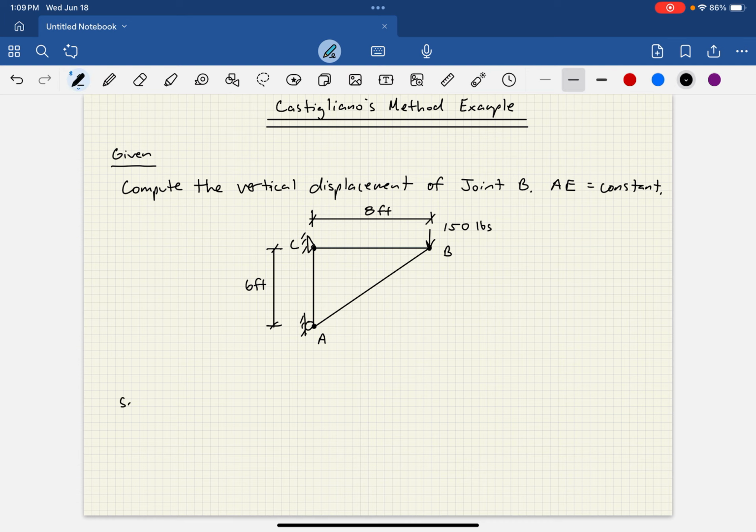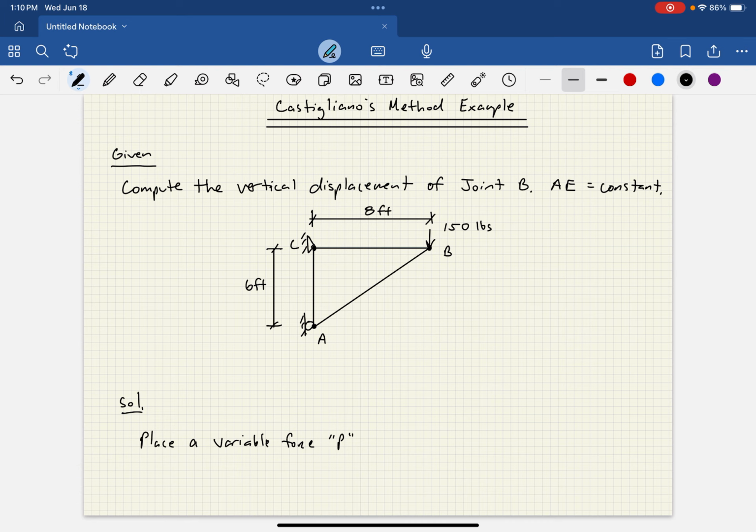Under the solution, we're going to consolidate steps 1 and 2. For Castigliano's method, steps 1 and 2 basically say place a variable force P at the joint of interest in the expected direction of displacement.